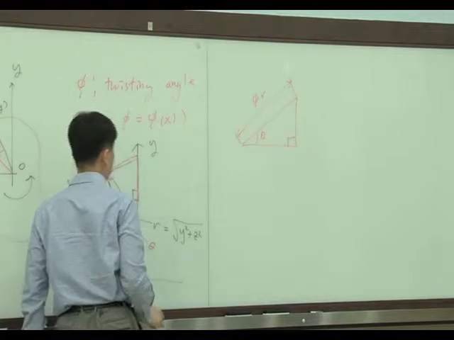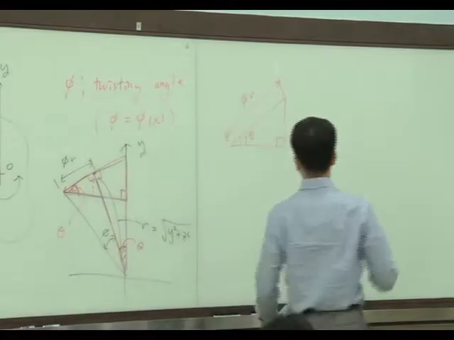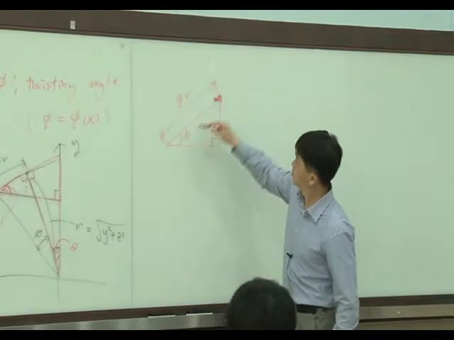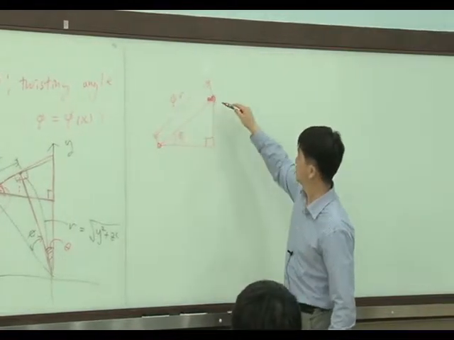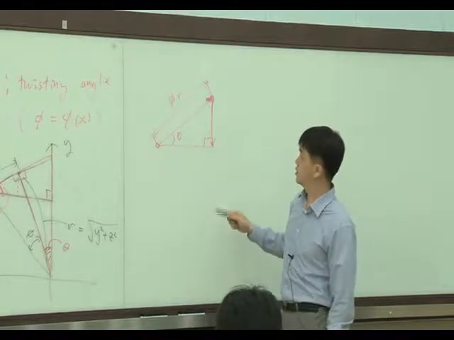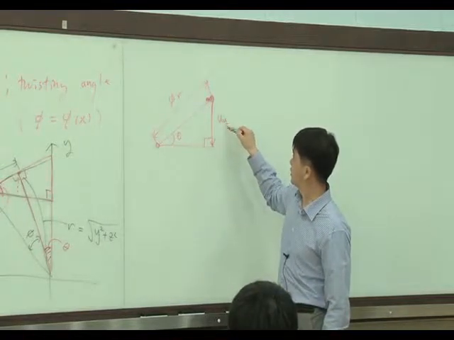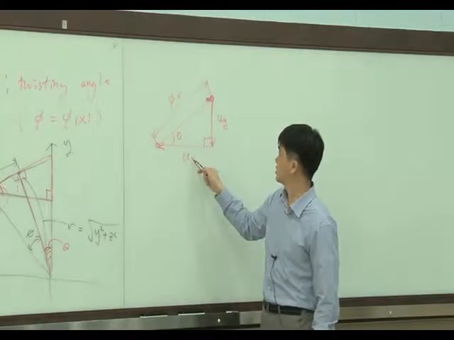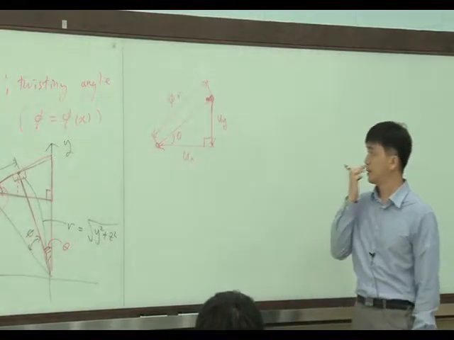Now I'm considering this: originally this point moved to this point. This is the y displacement, uy, and this is the z displacement, uz.